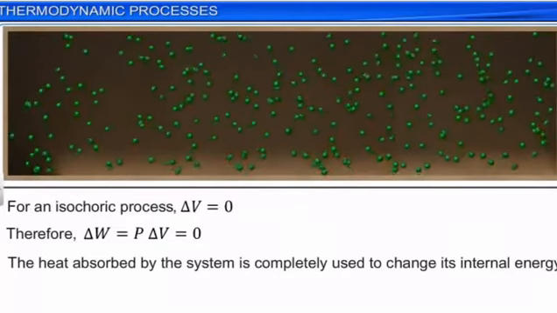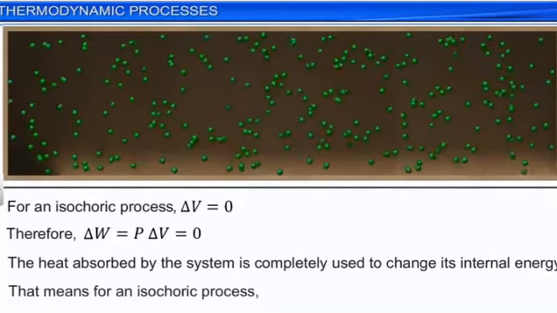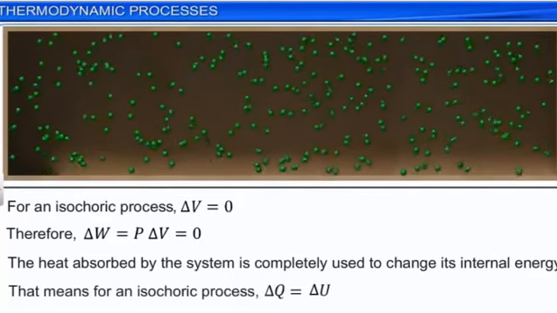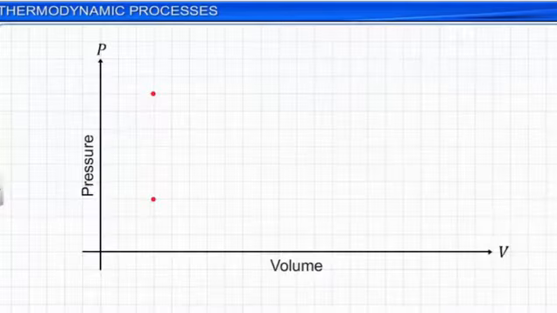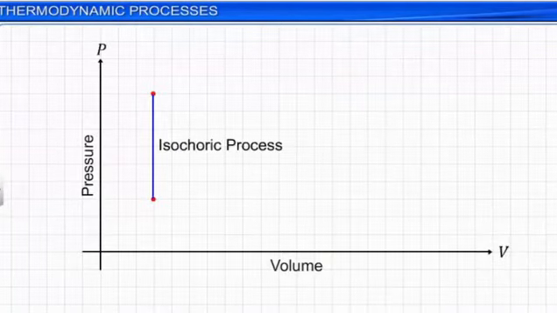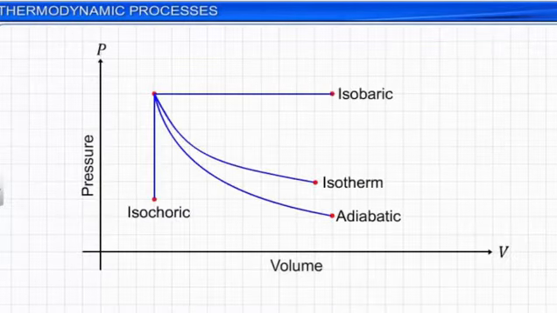This means that for an isochoric process, delta Q is equal to delta U. The PV curve for an isochoric process is a straight line parallel to the axis represented by pressure of the system. The adjacent graph shows all the 4 important processes we discussed in a PV diagram.